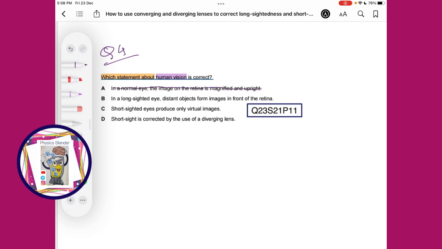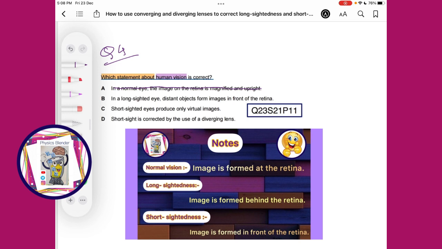In a long-sighted eye, distant objects form images in front of the retina. In long-sighted, the image is formed behind the retina, not in front of. So also this one is not correct.